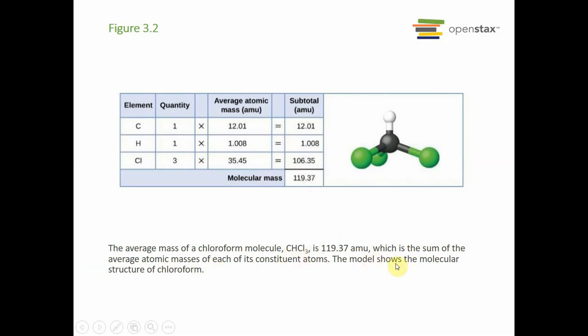The model shows the molecular structure of chloroform. By the way, all those different isotopes will show up in an analytical technique in the future known as mass spectra. So each one of the individual masses that make up this average mass can be seen in a mass spectrum.